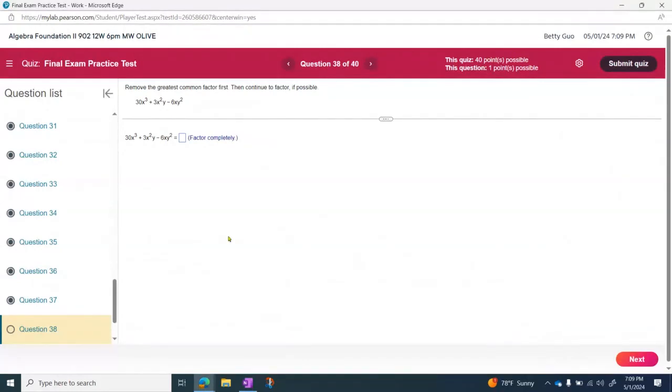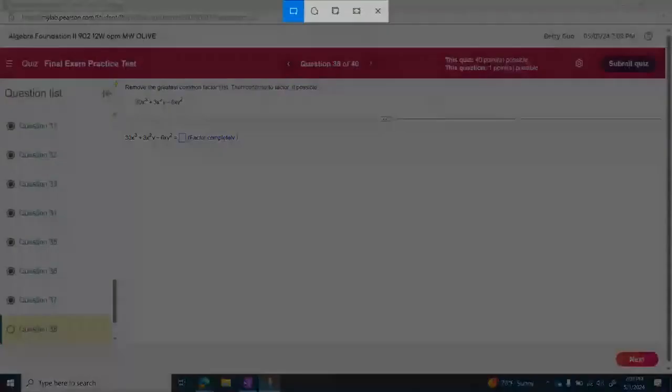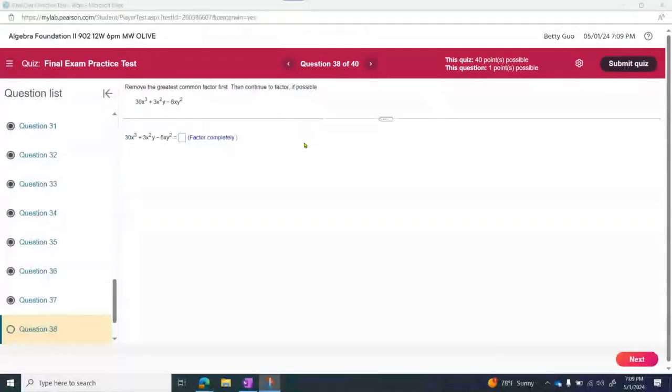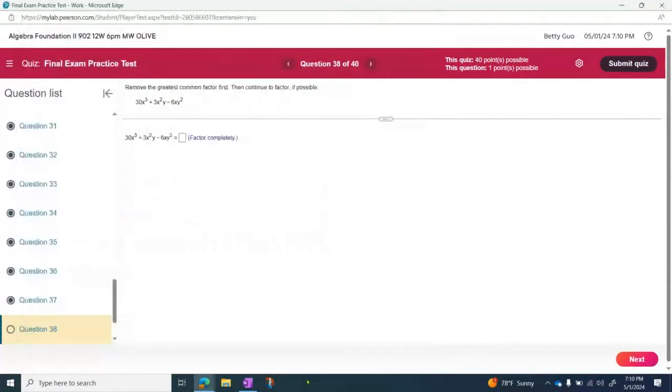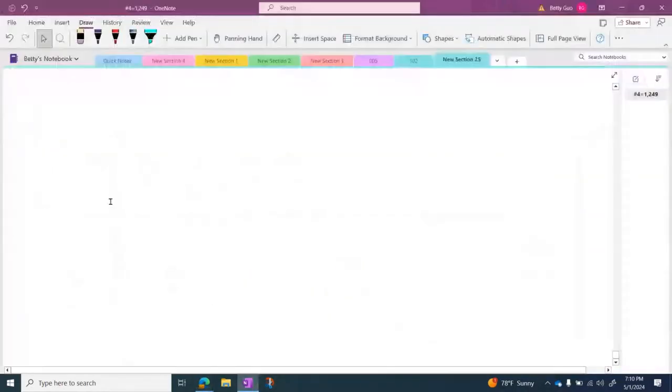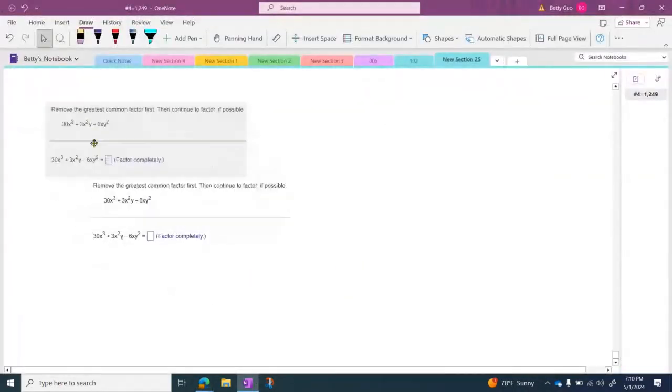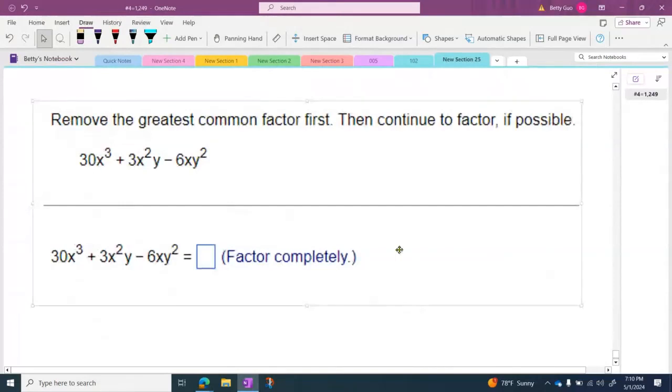Remove the GCF, then continue to factor if possible. So very busy, right?